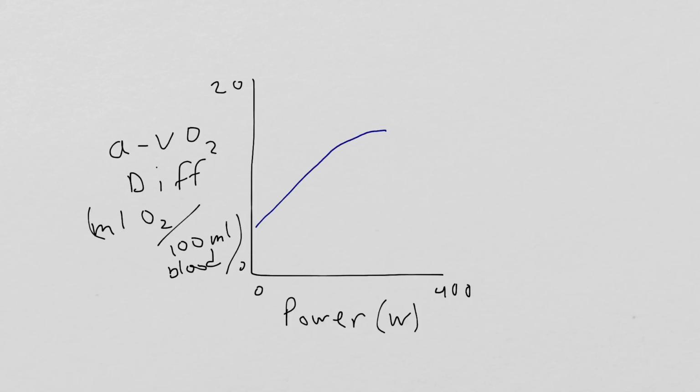Now, the trained person, of course, will look along a similar line, but then be able to reach a higher AVO2 difference at a higher power output. So that's the trained, and there's your untrained. So those are the primary cardiovascular variables and how they change with exercise training in a trained versus untrained subject.